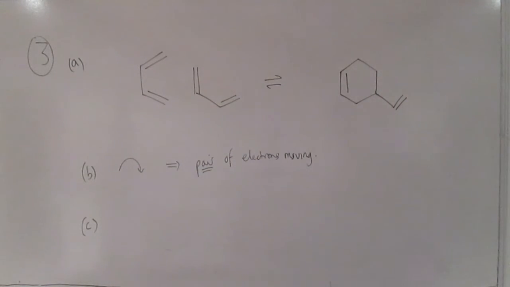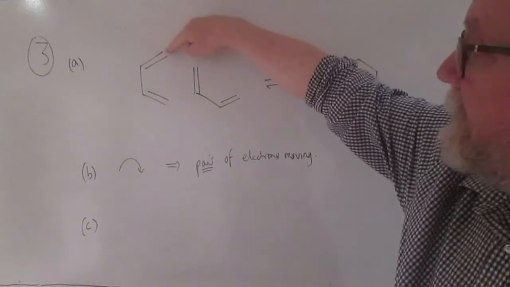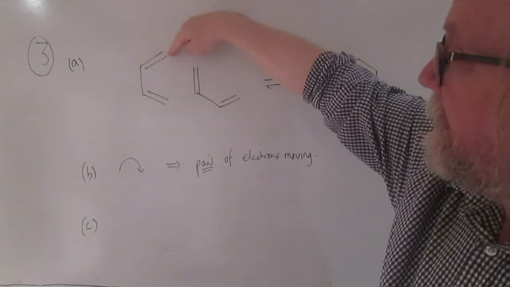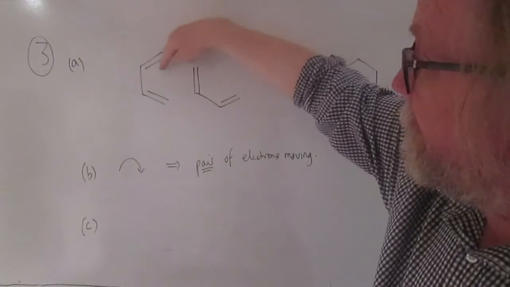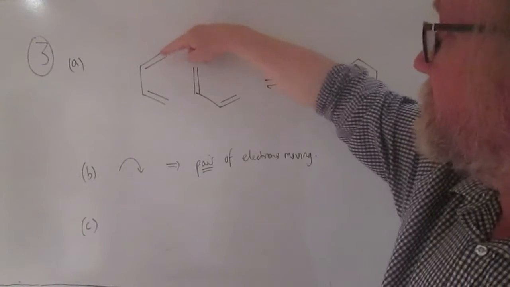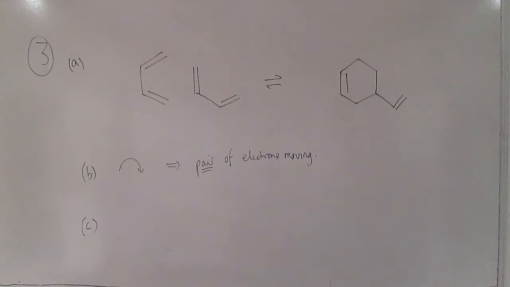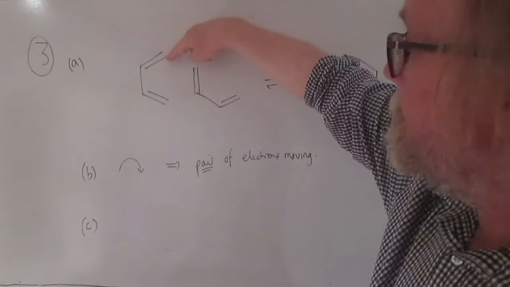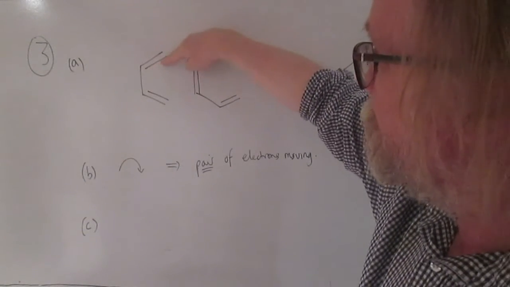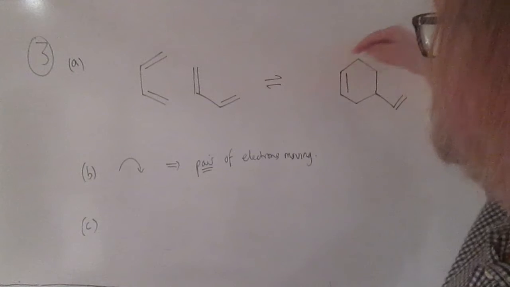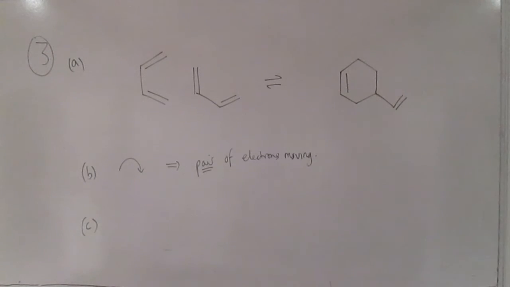Well, where's it gone? Well, you can see that this carbon, which has a share of that pi bond, although it's lost that bond, it's now got a new bond here. So if you think about it, what's happened is that that pair of electrons that was this pi bond here has now become this sigma bond there, because remember, that's all the bond is, a pair of electrons.